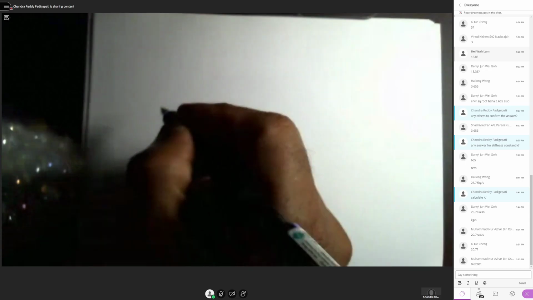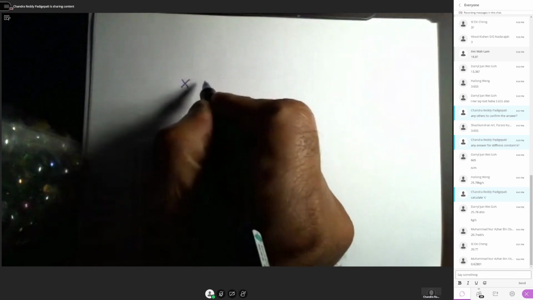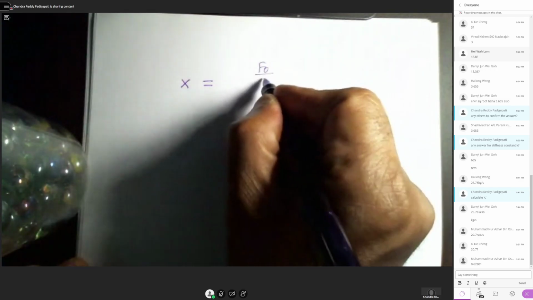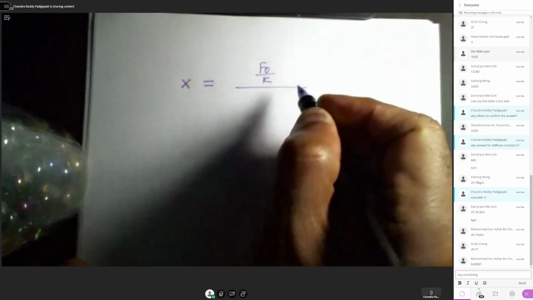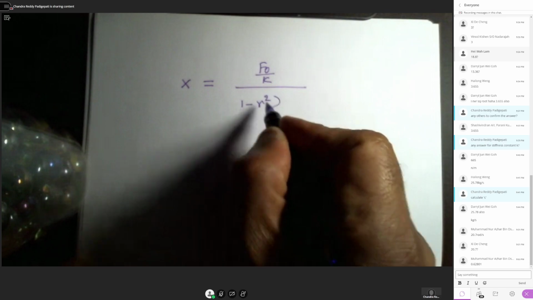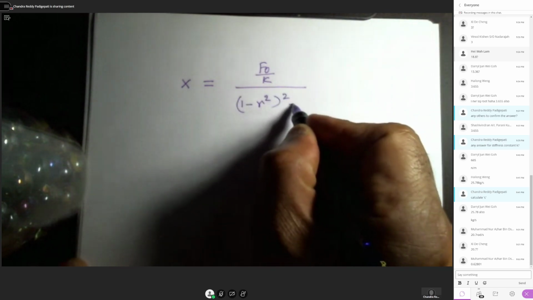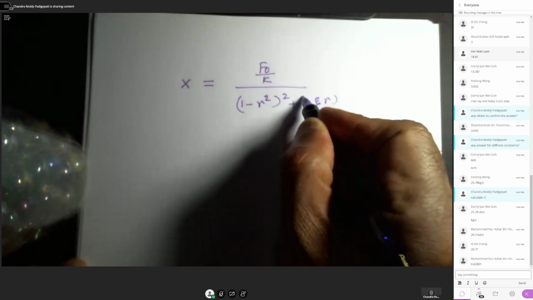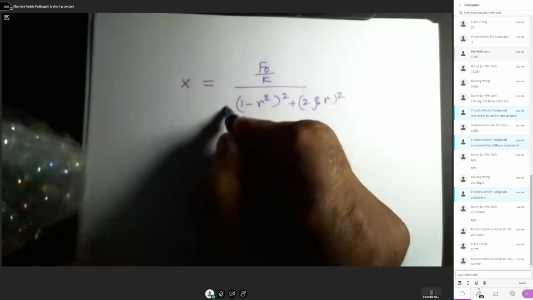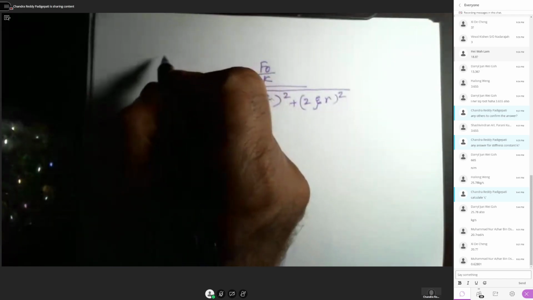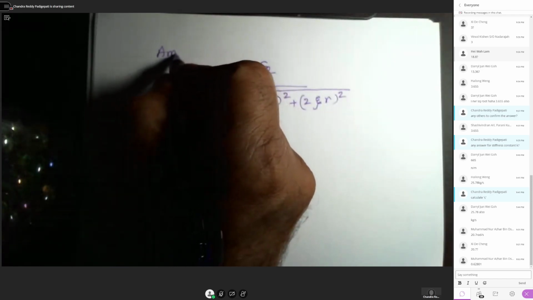So we can write amplitude x is equal to F naught over K, then 1 minus r squared whole square plus 2 eta r whole square, under root. So x is the amplitude of motion.